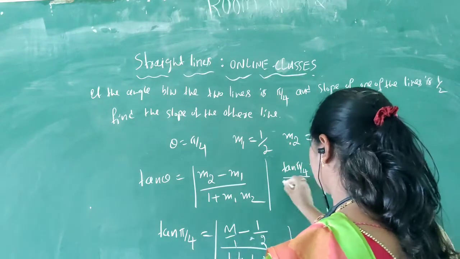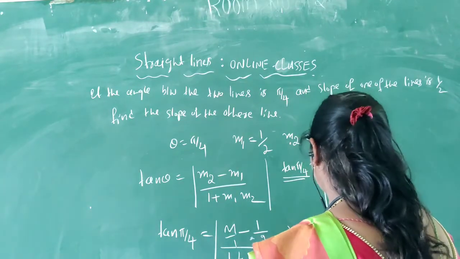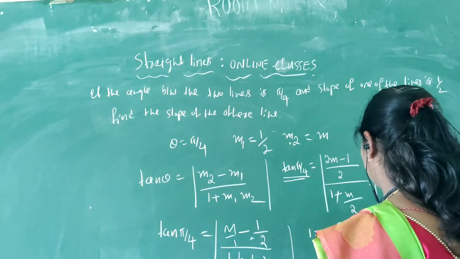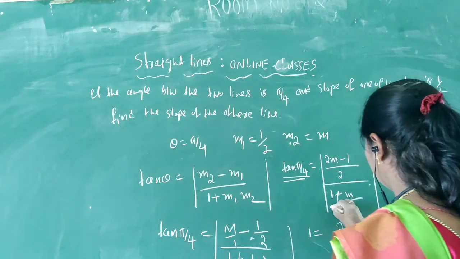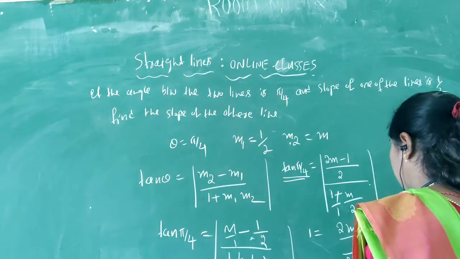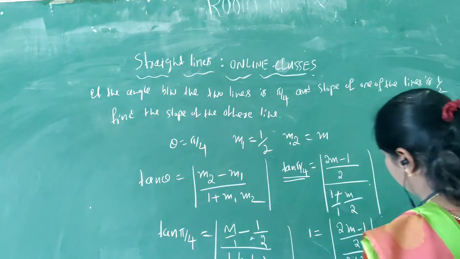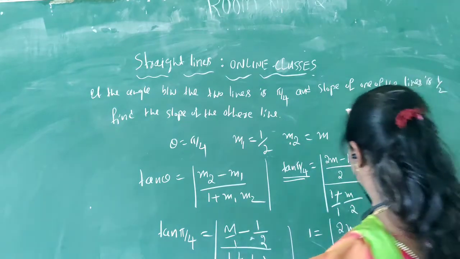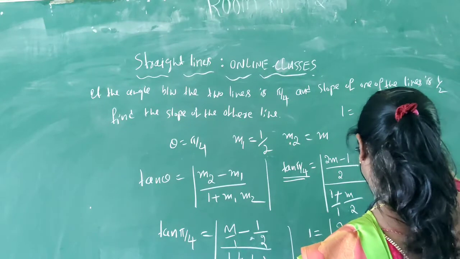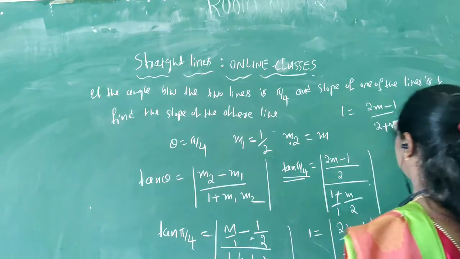Next, what is tan pi by 4? Tan pi by 4 is equal to 1. So 2m minus 1 divided by 2. Next one is 2 plus m divided by 2. Okay. So cancel this. Next you get 1 is equal to 2m minus 1 and 2 plus m.